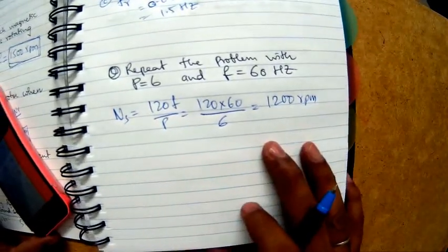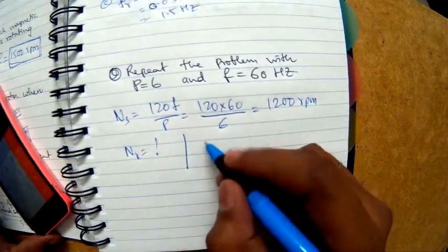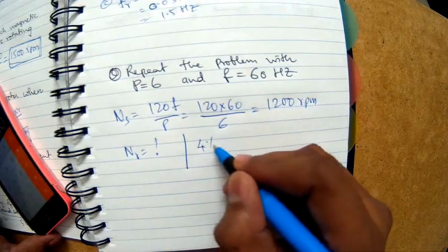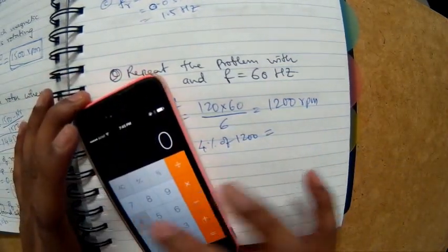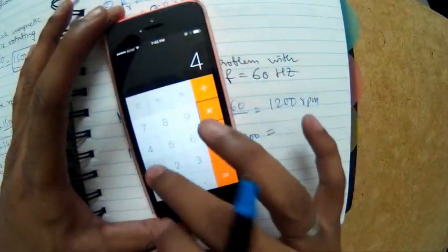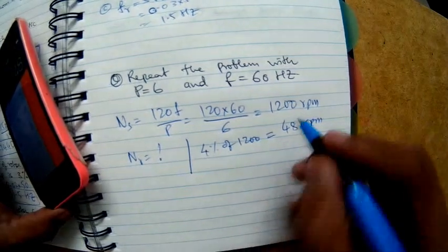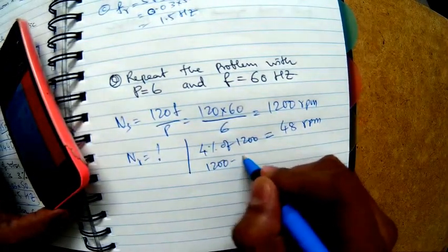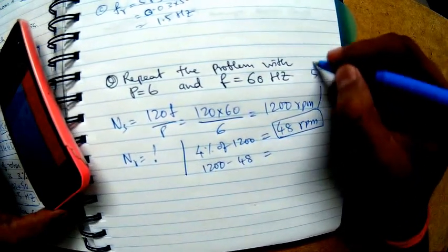What about the other questions? The Nr. At 4% slip, 4% of 1200 is nothing but 4 into 12, that is 48 RPM. By the way, this 48 RPM is called slip speed.